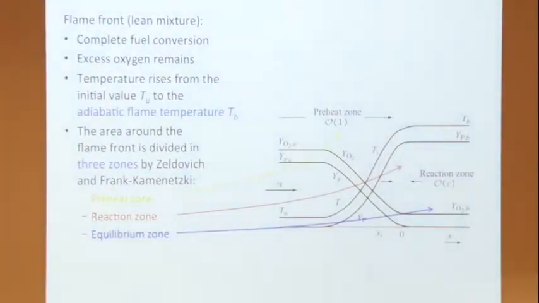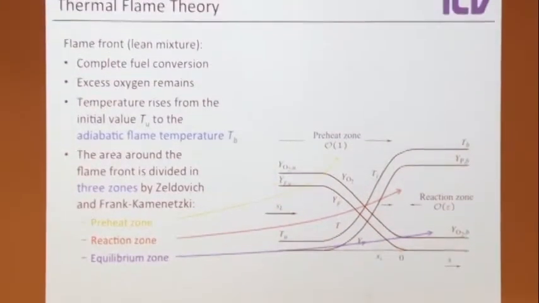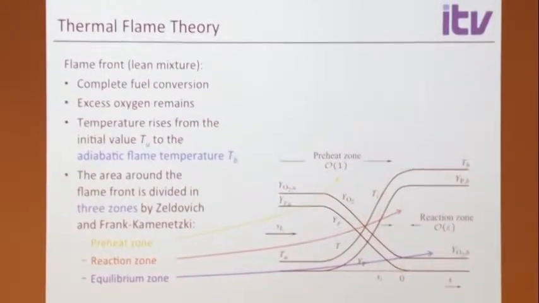We talked about this earlier, how this structure looks. The assumption here is that you divide the flame into three different zones. One is the so-called preheat region. The preheat region is chemically inert, and it just raises the temperature of the reactants to the so-called ignition temperature.